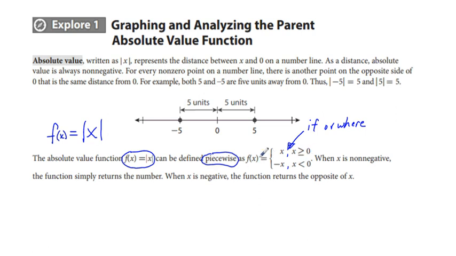And f of x is equal to negative x when or where or if x is less than 0. And so when x is non-negative, the function simply returns x. When x is negative, the function returns the opposite number. So, in other words, our output is always going to be a non-negative number.